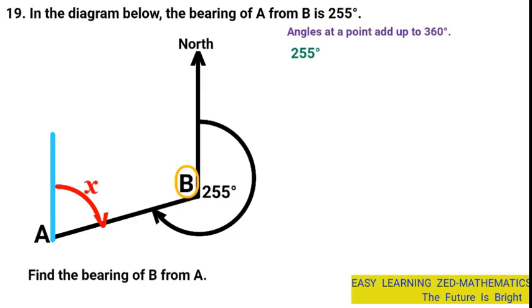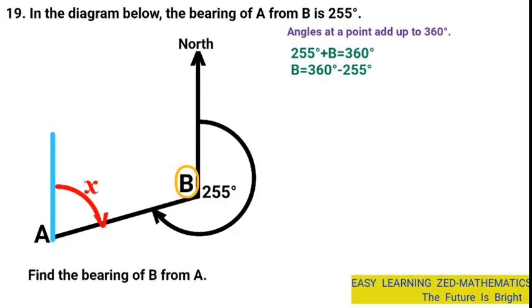Now we're going to put like terms together. We're going to write B is equal to 360 degrees, then 255 degrees will cross the equal sign and become negative, so we say minus 255 degrees.